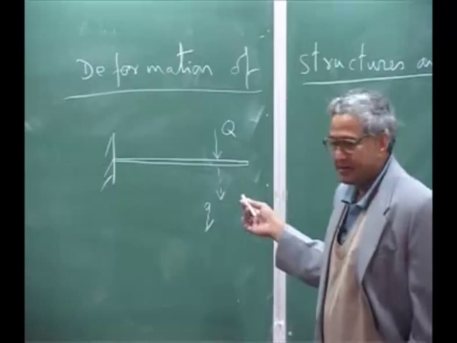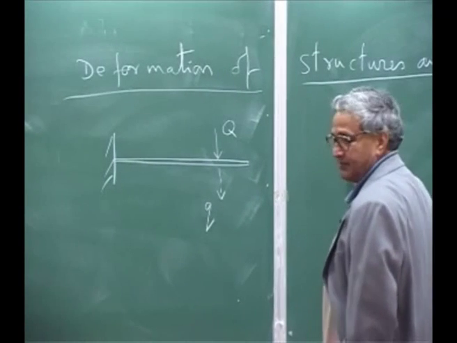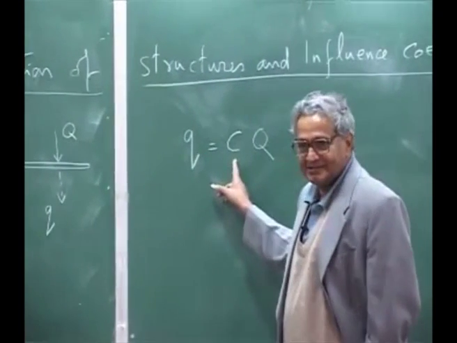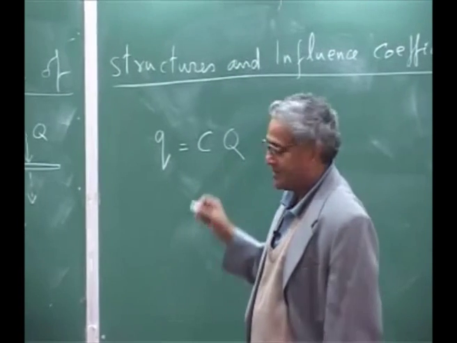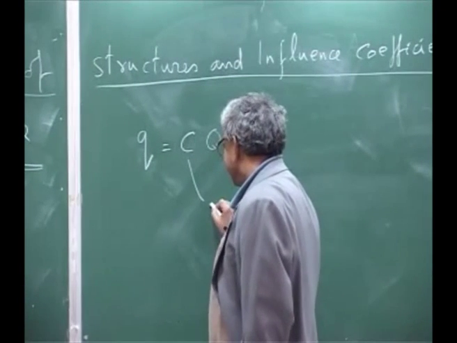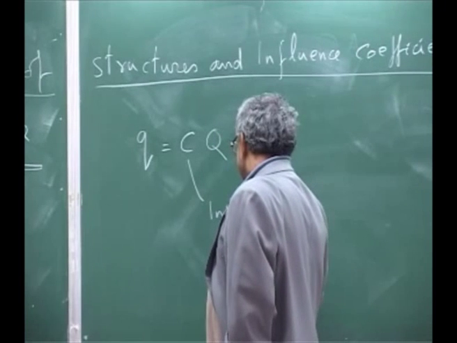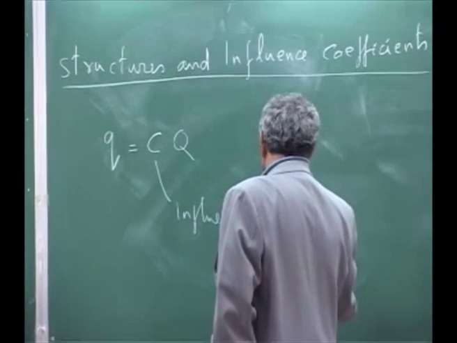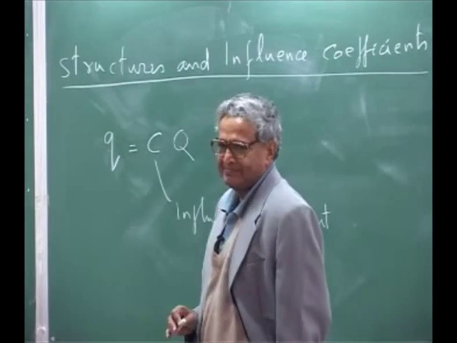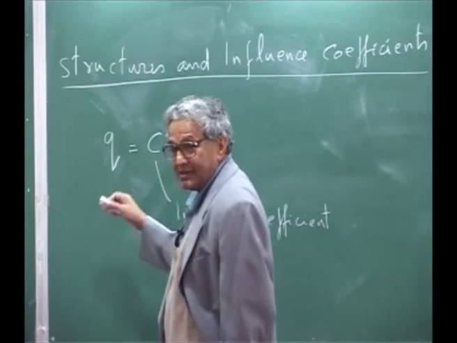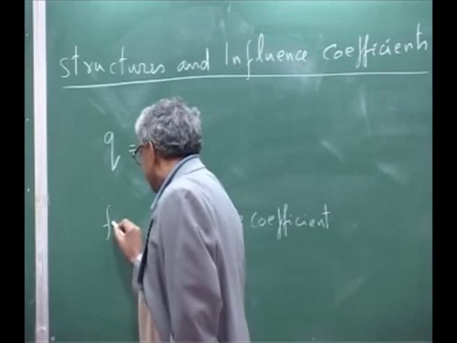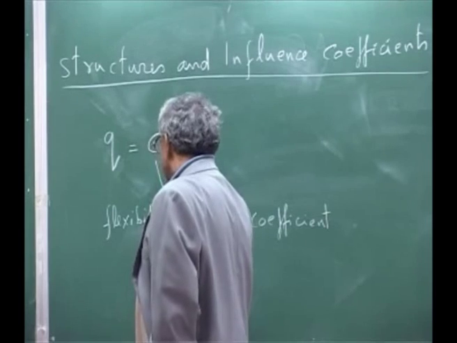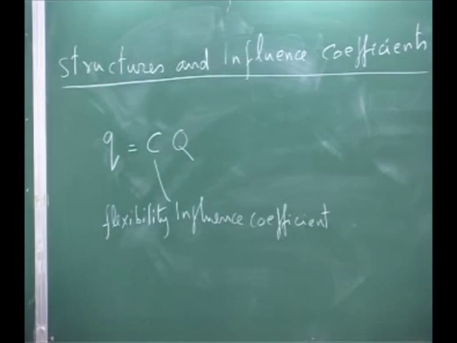If you write linear relation, you will have deflection is some constant times load Q. You call this the influence coefficient. Because this is sometimes also referred as flexibility influence coefficient.